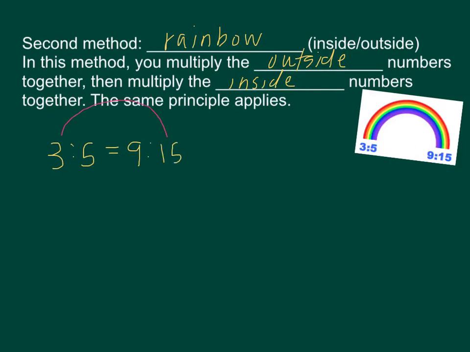That will give us 3 times 15 equal to 5 times 9. Again, when we simplify this, 3 times 15 is 45, and 5 times 9 is 45. So we have just proven that this method works also.